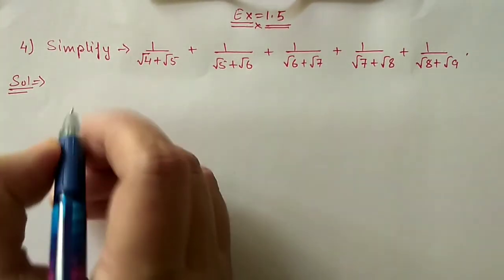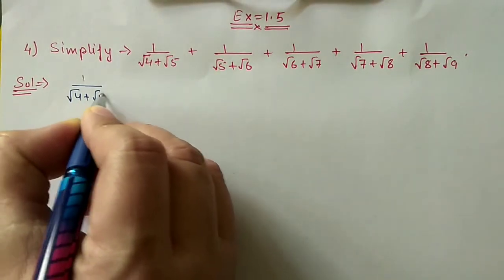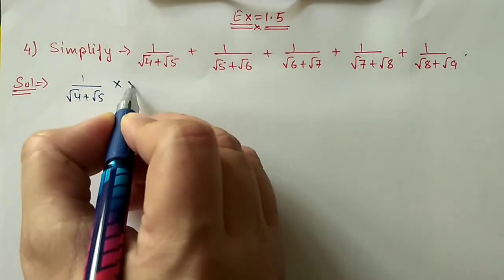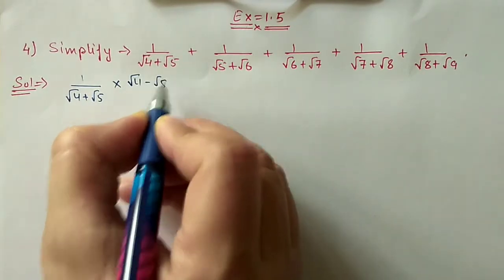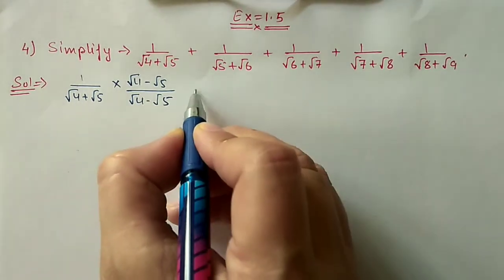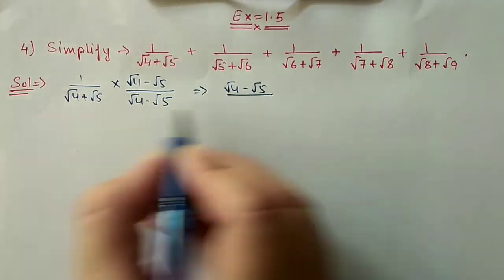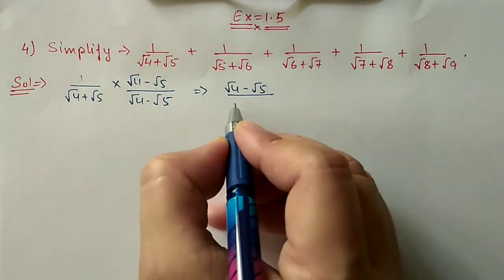So first we have 1 by root 4 plus root 5. To rationalize it, we need to multiply with root 4 minus root 5 up and down. After multiplication, the numerator will become root 4 minus root 5 and the denominator will become a square minus b square.